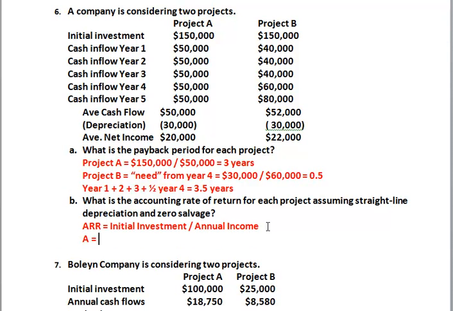So for project A, $150,000 divided by $20,000 gives you... reverse the formula. Annual income divided by investment.